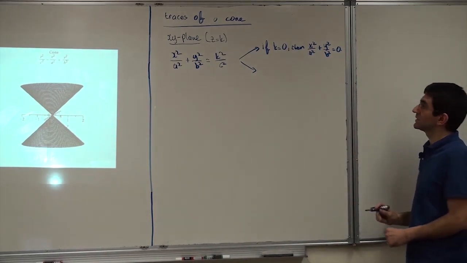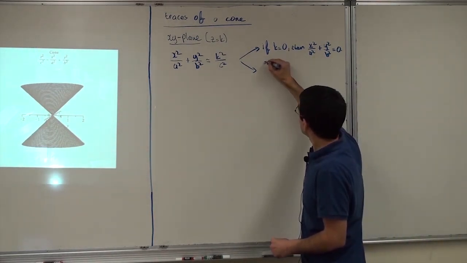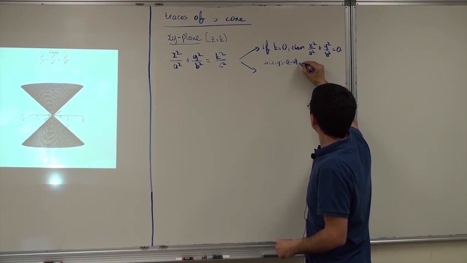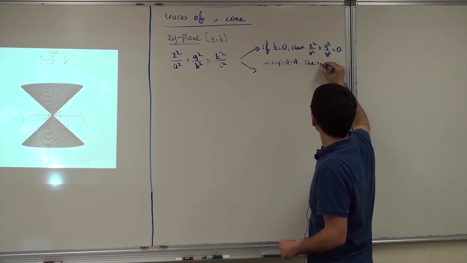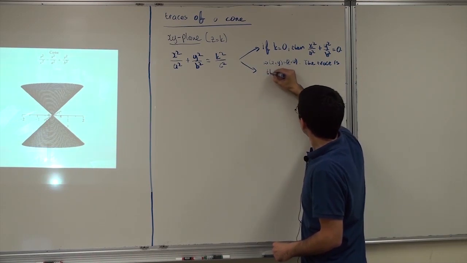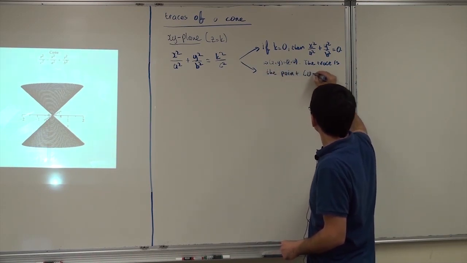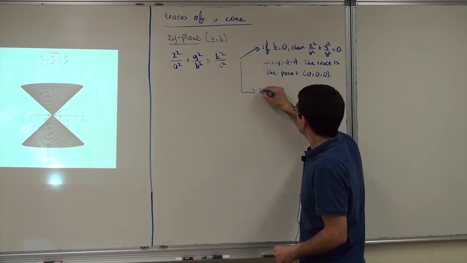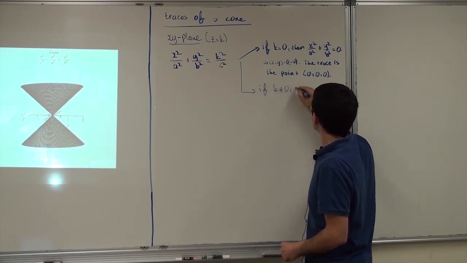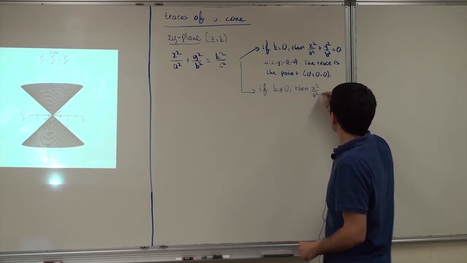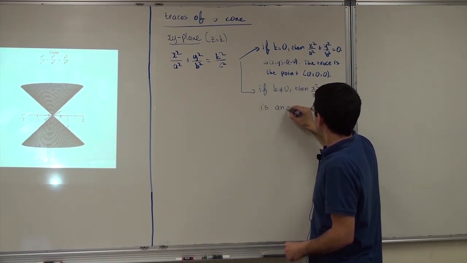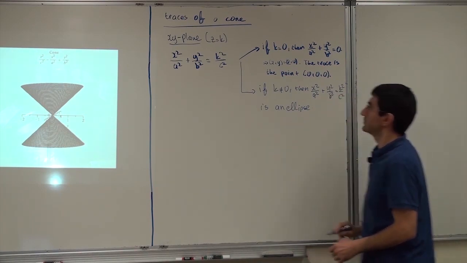And the only solution of this equation is when x and y are both 0. So the trace, in this case, is the point (0, 0, 0). Now, the next case, if k is not equal to 0, then the intersection is going to be an ellipse.